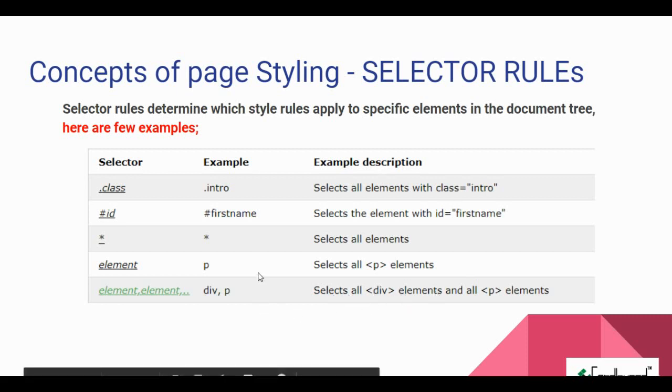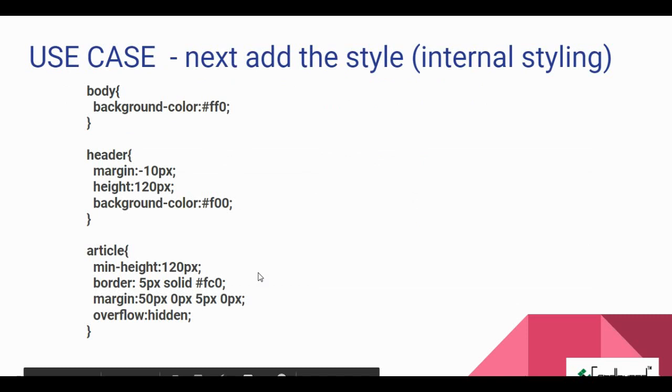Now the next thing we need to do is start styling our page. We already have the code, and we've already put this code right in our text editor, like what we have here.